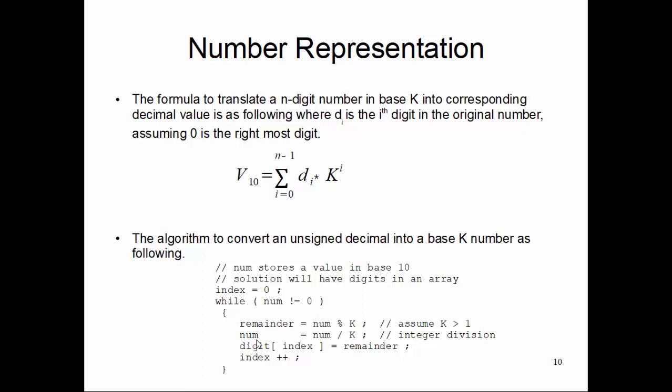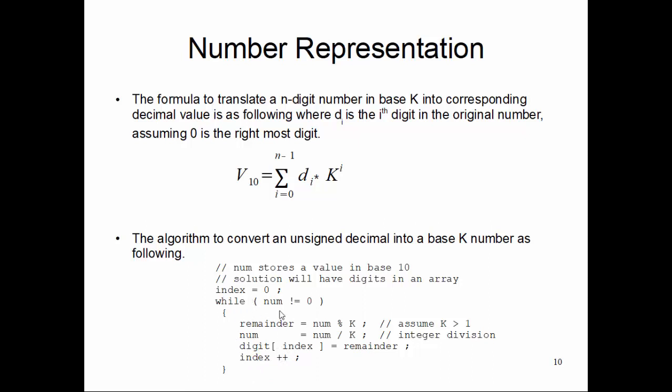Then we store the digit in the array at the place dictated by the index, which starts from 0, and then we increase the index. We repeat this process until the number becomes 0.